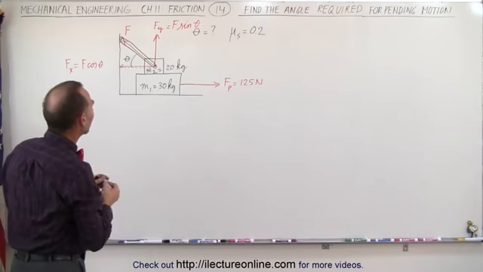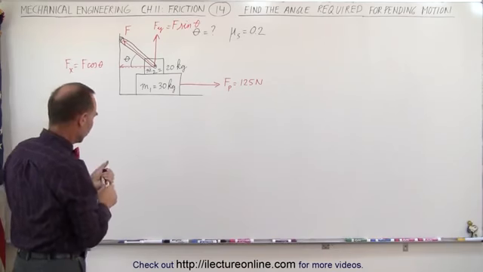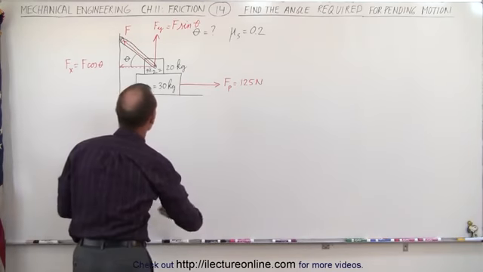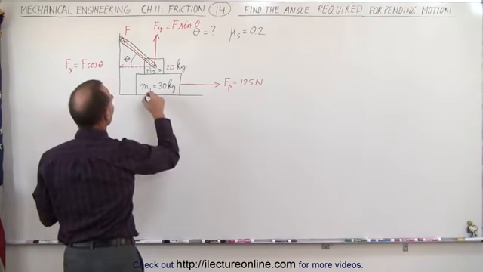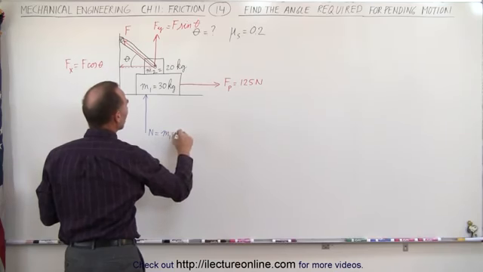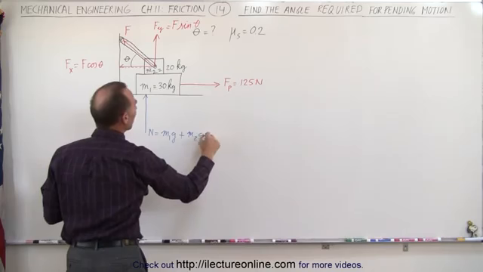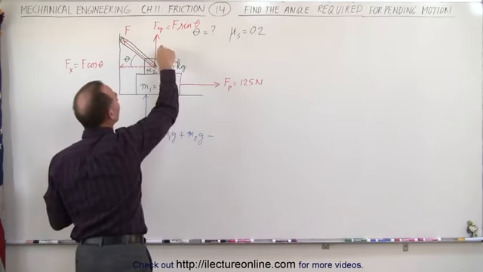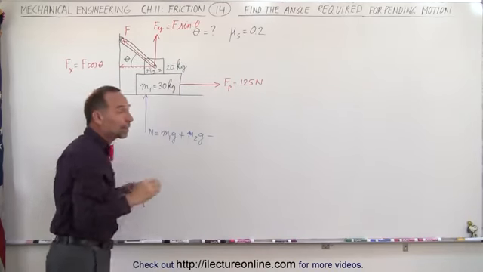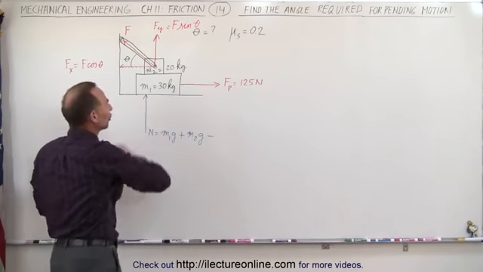Next, we need to realize that there's going to be some normal forces and some friction forces. So let's find all the normal forces. First of all, we'll have the normal force 1, N1, which is going to be equal to the weight of M1, that would be M1g, plus the weight of the next block, M2g, but minus the vertical component of the force of the bracket, because it's going to take some of the weight of the block, so it's going to reduce the normal force.